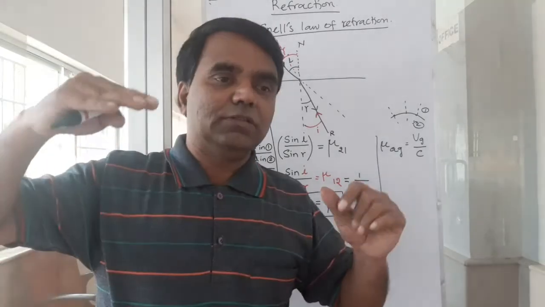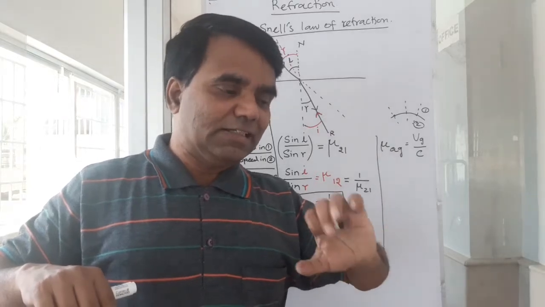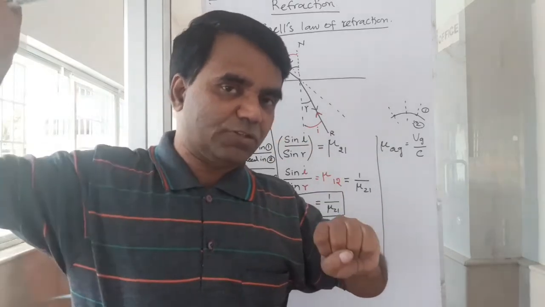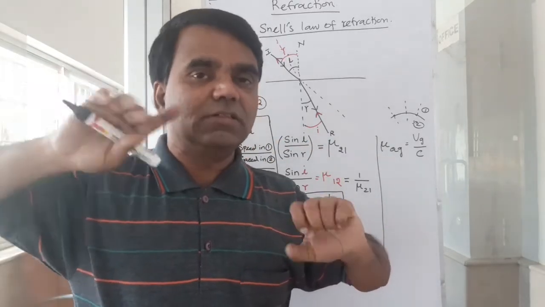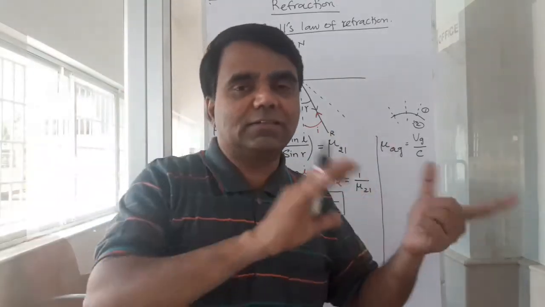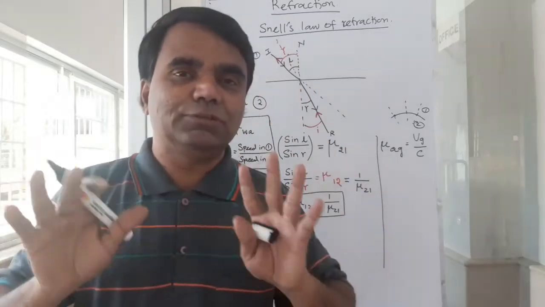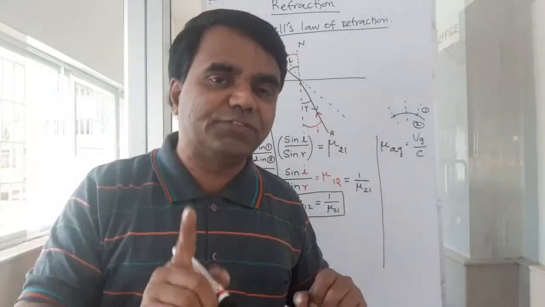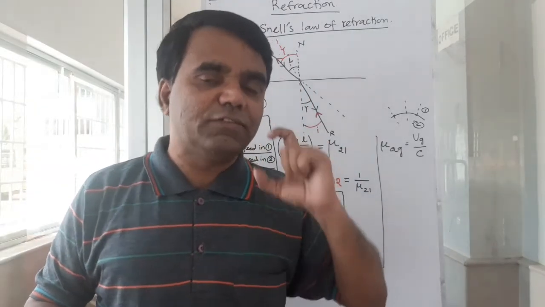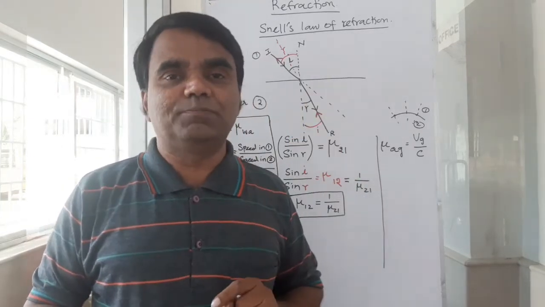Because if you want to find the refractive index of glass, it is the refractive index of glass with respect to air or vacuum. Okay. The ideal definition is with respect to a vacuum. Air is almost the same as vacuum, so you use these two things interchangeably, but the perfect definition is this. What is the refractive index of a particular material?